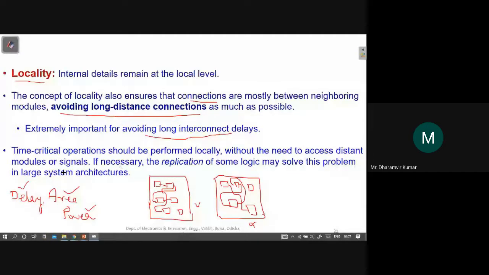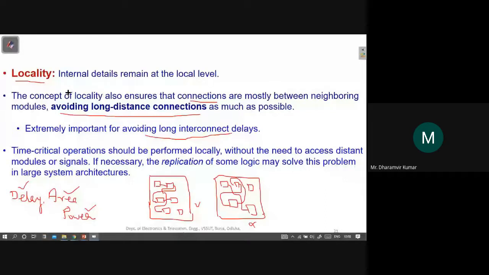Okay, so what happens? Again I am saying that it will not always be possible to follow this locality law. But we should try for it, as much as possible. It is not saying that you should do it all the time. It will be just impossible to do it all the time.